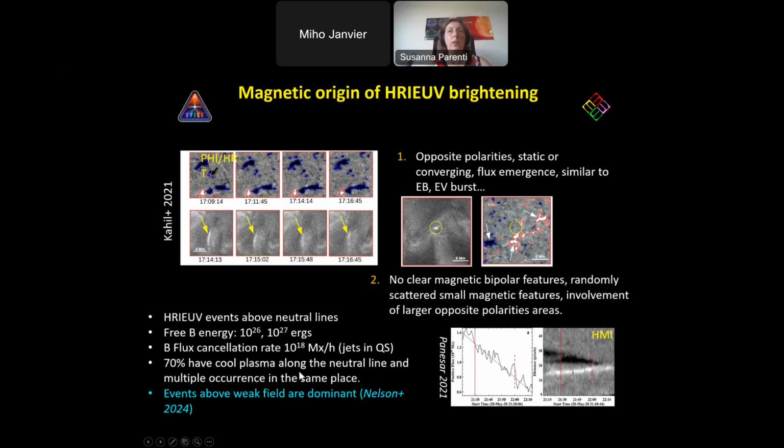He found a lot of these features above neutral lines, eventually with mini filaments. But again, it seems that there is not a real standard property of the photosphere below this feature.